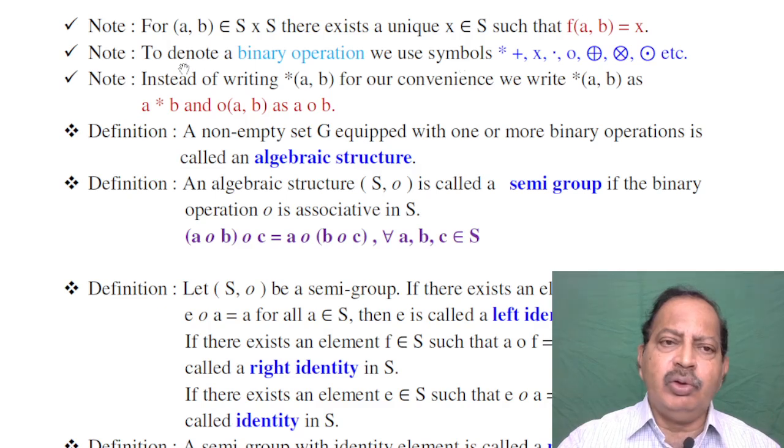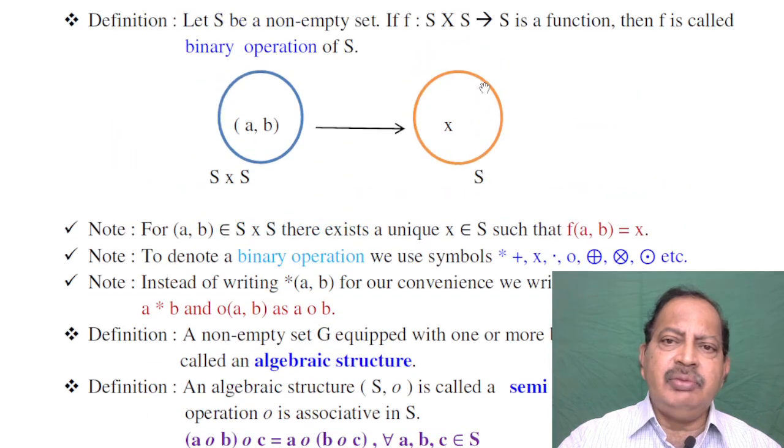Next, note: to denote a binary operation, we use symbols star, plus, cross, dot, circle, plus circle, cross circle, dot circle, etc. Here in the definition, I am using a function symbol f. In general, we know that elements in a set are denoted by English letters a, b, c, d, like that.